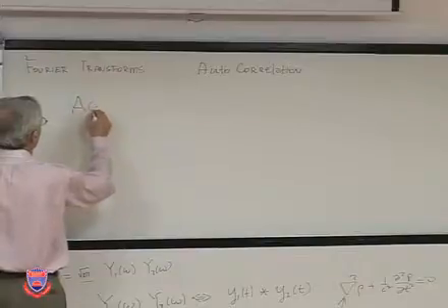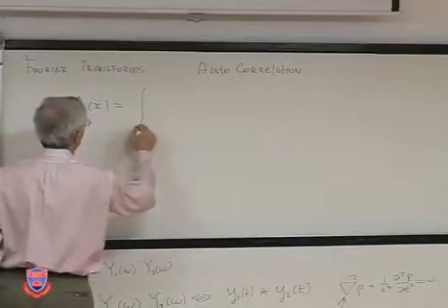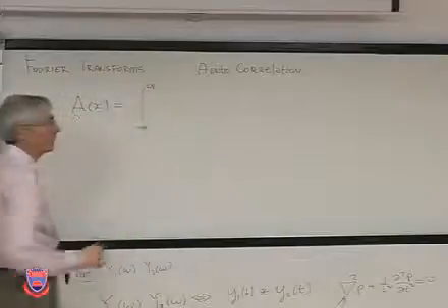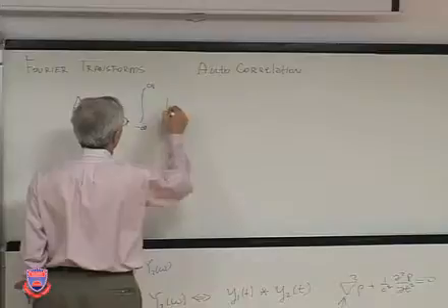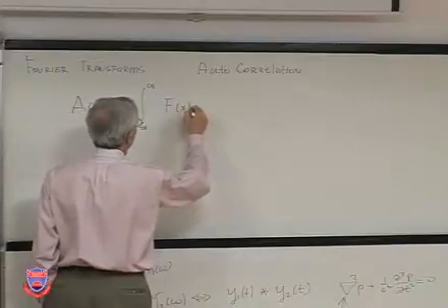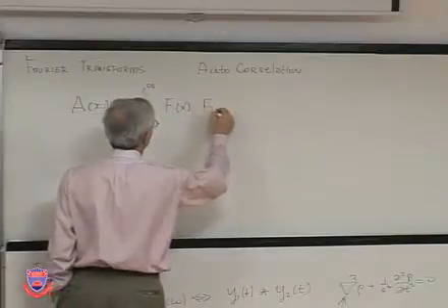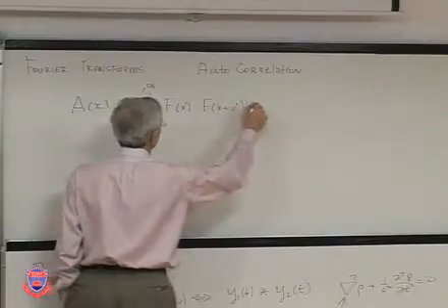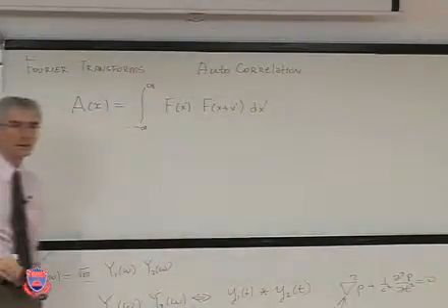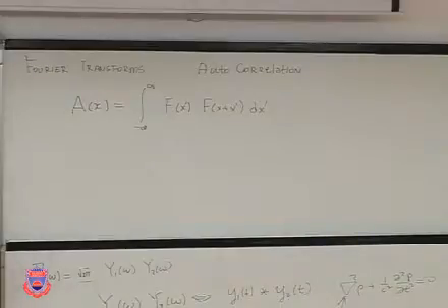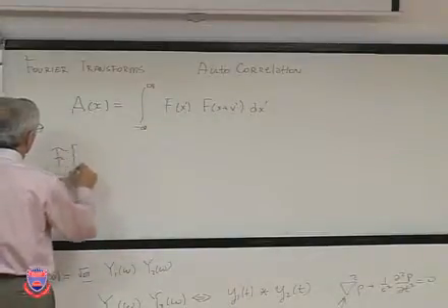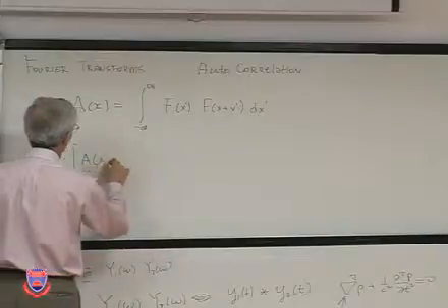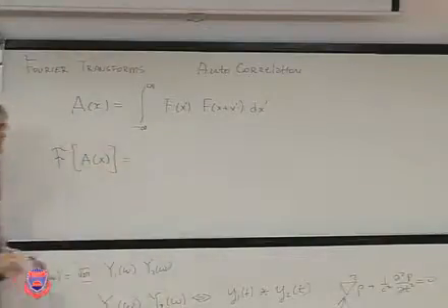Autocorrelation, let's call it A of x, is an integral of a function with a delay, from minus infinity to infinity. Now the Fourier transform of an autocorrelation.